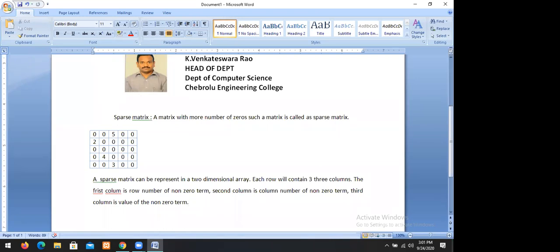The second column is the column number of the non-zero term. The third column is the value of the non-zero term. The above sparse matrix can be represented by the above matrix. This is my matrix.